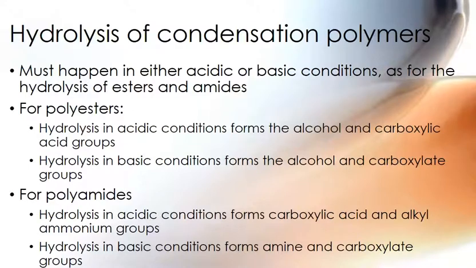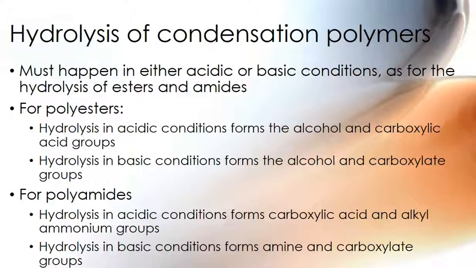Just like any ester or amide, condensation polymers, polyesters and polyamides, can be hydrolyzed. So remember, hydrolysis is the addition of water which breaks a molecule into pieces. And just like with the hydrolysis of an amide or an ester, we have to do this in either acidic or basic conditions.